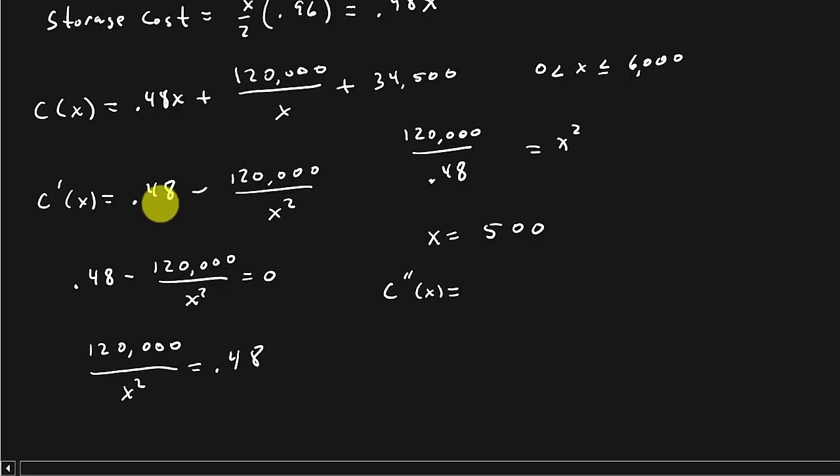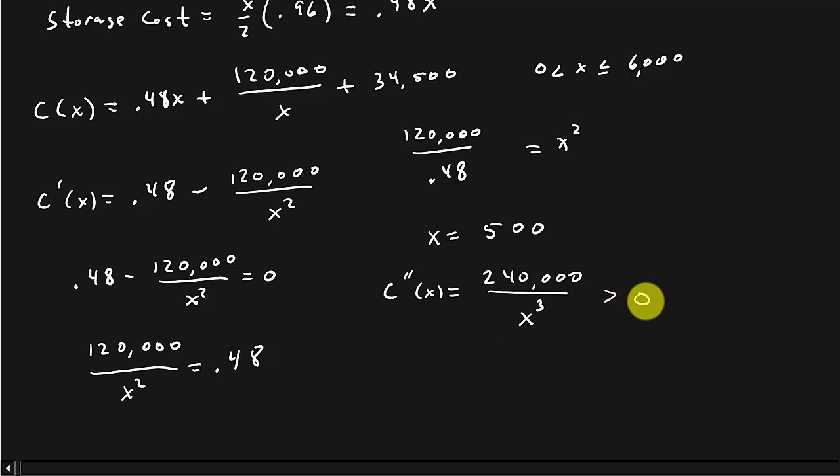The derivative of that is 0, and the derivative of this, we did earlier, you end up with 240,000 over X cubed. We can plug the 500 in, and that is going to be positive.